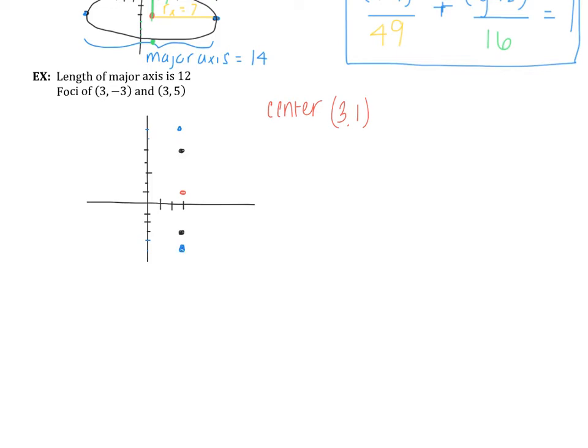Here are my vertices. Okay, so that's all I know. I'll write those out too, in case you can't tell on my graph. My vertices are (3, 7) and (3, -5).